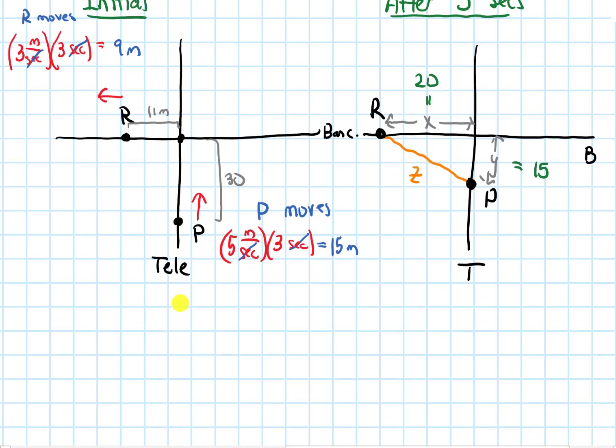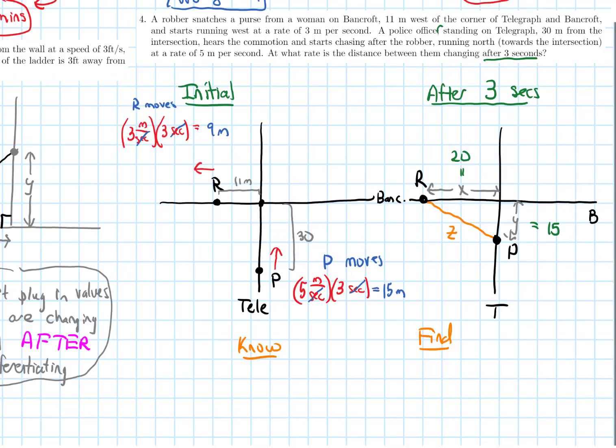We are now ready to write down the rates that we know and rates that we want to find. Okay, so we know dx dt. It tells me how fast the robber is moving. That's going to be 3. And it's going to be positive 3 because x is getting bigger, because the robber is moving away from the intersection. X is getting larger.